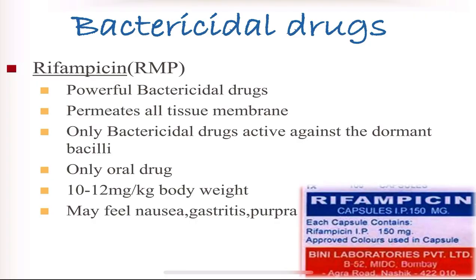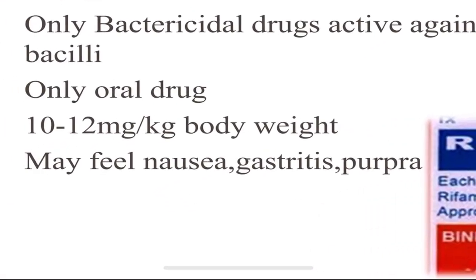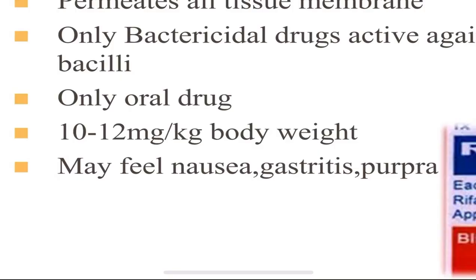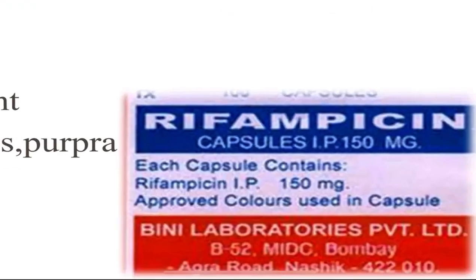Many patients will develop nausea at the start of the treatment, and it is the only oral drug available, with a dosage of 10 to 12 mg per kg body weight. The toxic effects include gastritis, purpura, hepatotoxicity, influenza-like illness, thrombocytopenia, nephrotoxicity, etc. So what will you remember about rifampicin?